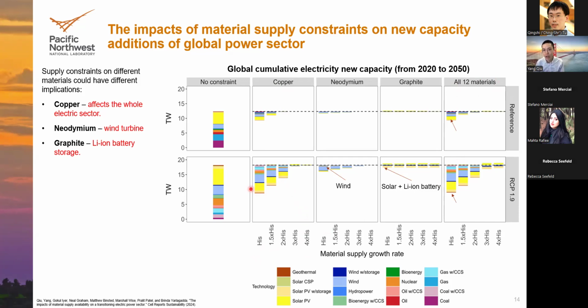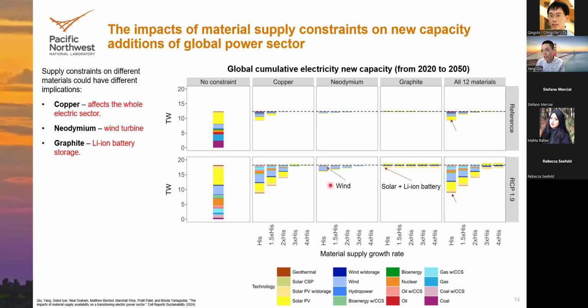For example, when copper supply is constrained at the historical growth rate, you can see the total capacity will be reduced by nearly half, and that will occur for all kinds of power sector technologies. Because copper, as you know, is used in generally all types of electricity generation and storage technologies.